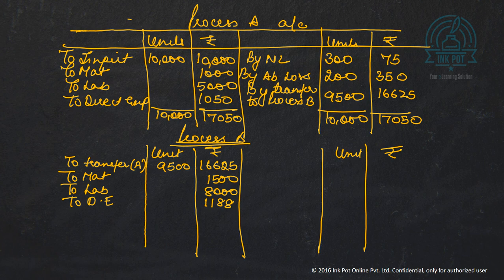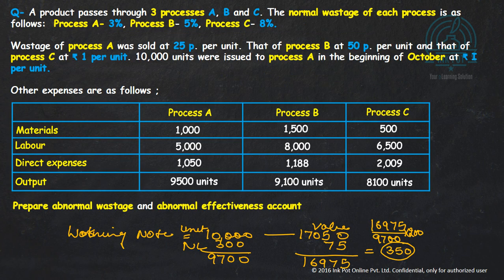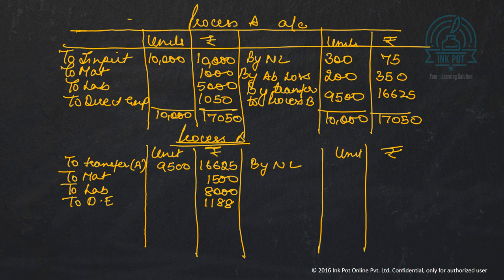Here we are going to show the normal loss. So how much is the normal loss? Let me check the percentage of normal loss. It is 5%. So 5% normal loss is always the percentage of input units. So 5% of 9500 is 475, and these are units of input.